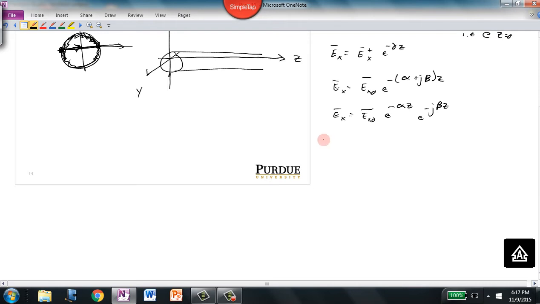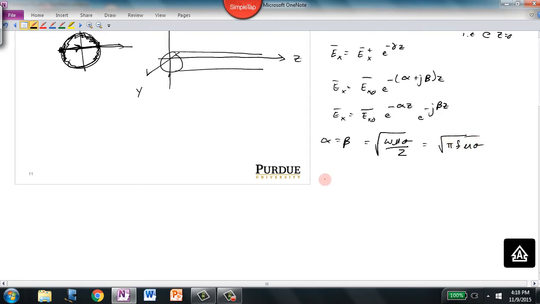So for a conductor, you'll remember in the last slide we saw that alpha equals beta for a conductor, and that's equal to the square root of omega mu sigma over 2. And remember, omega is just 2 pi f, so that's equal to the square root of pi times f times magnetic permeability times sigma.